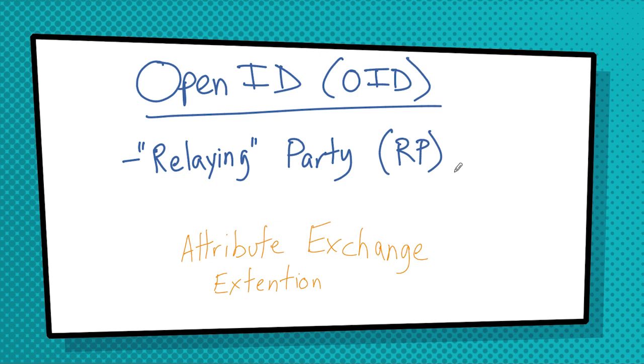Essentially, OpenID allows a user to maintain a single profile with an OpenID identity provider of their choice, and also to authenticate with any third-party website or mobile application that participates as a relying party.